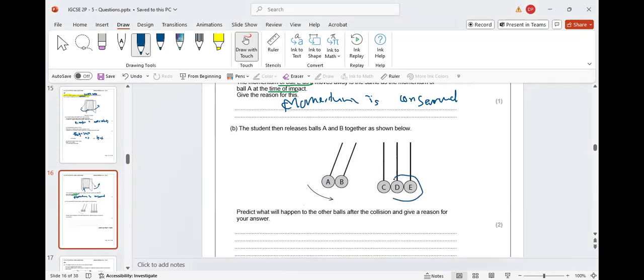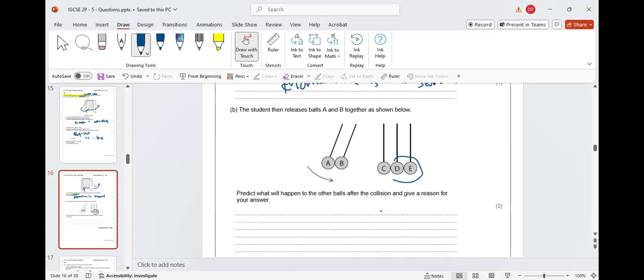D and E. So D and E will move out together because A and B, two balls, are carrying a higher momentum which can be given to two balls. A and B are going to stop, and D and E will move together. This is again because momentum is conserved.